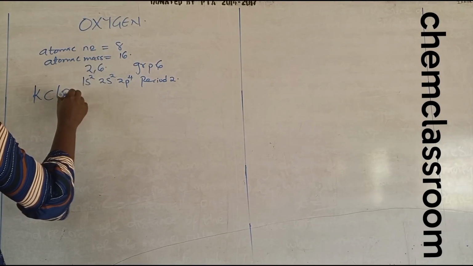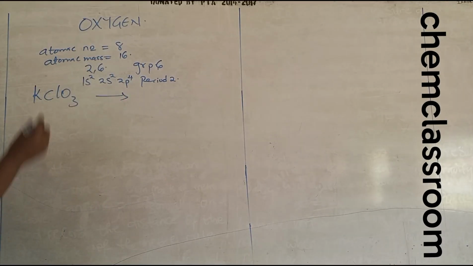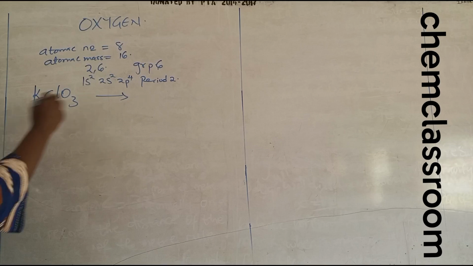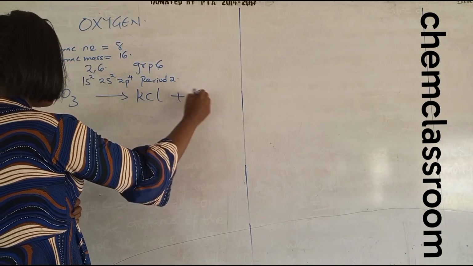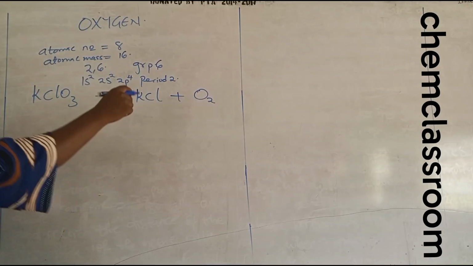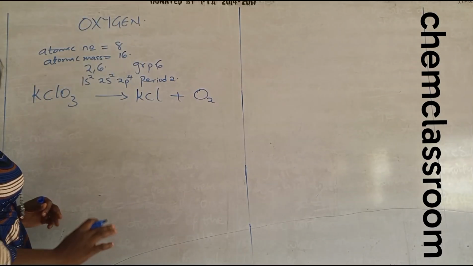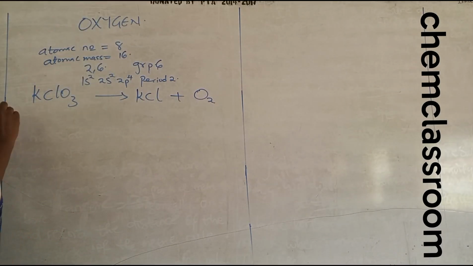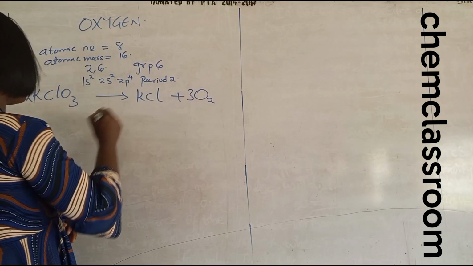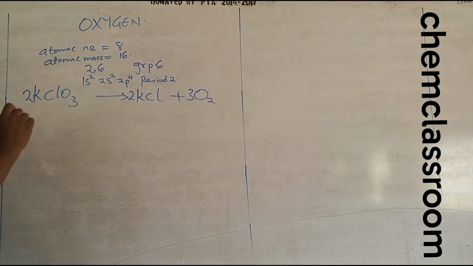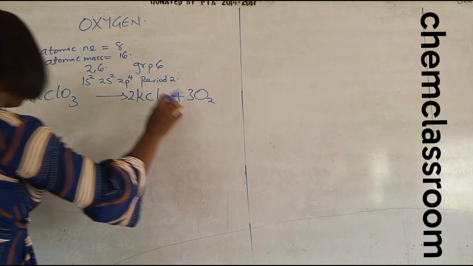You have the potassium chlorate decomposing. It will break to give potassium chloride plus O2. That is the oxygen gas being liberated. Then the equation is not balanced, so we find a way to balance. I'll put 2 here, put 3 here, then put 2 here. So we can see that the oxygen is being given off.